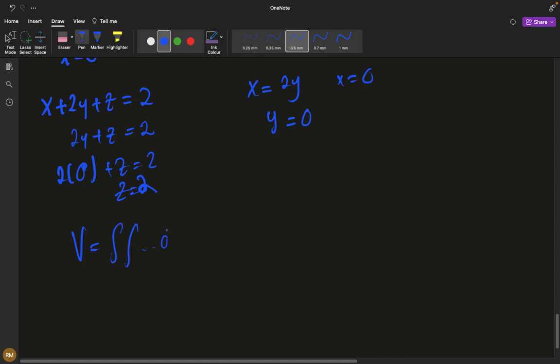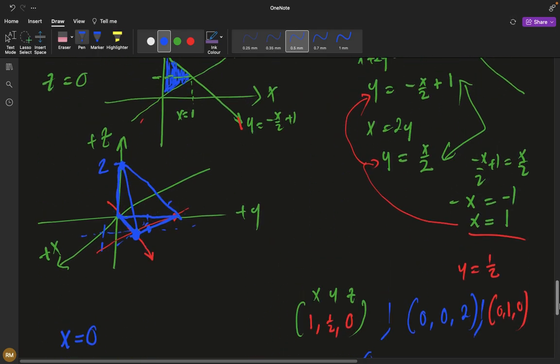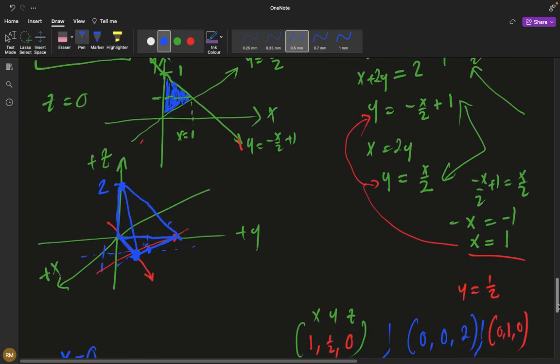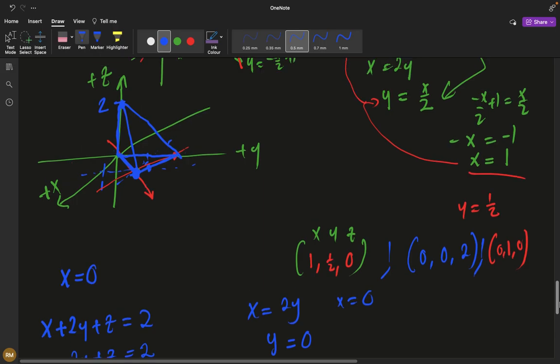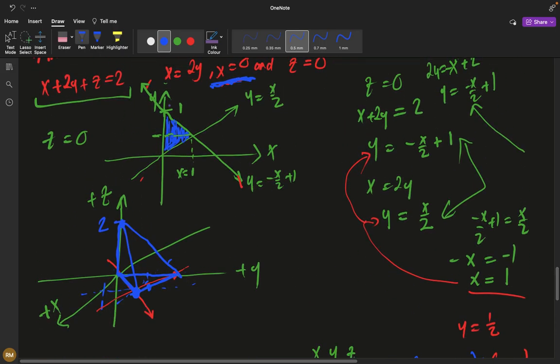So dV, so the a here, and then it was x plus 2y plus z, which gives us a 2. So we can evaluate this as 2 minus x minus 2y, which makes things simpler for us. So that means we just have a double integral, meaning we'll evaluate this thing here.